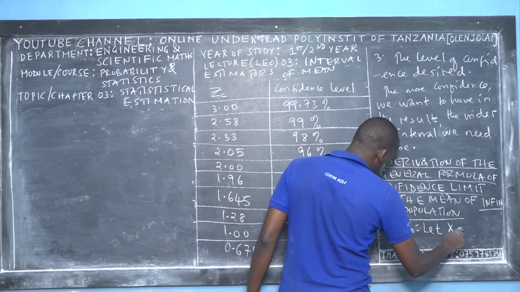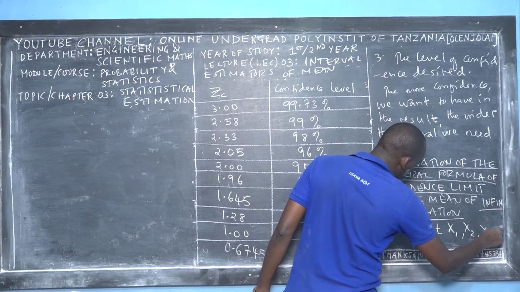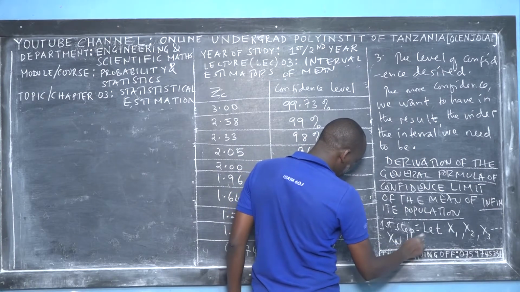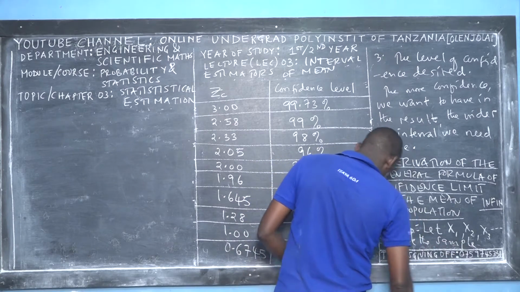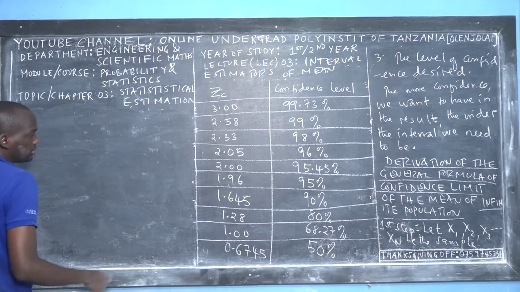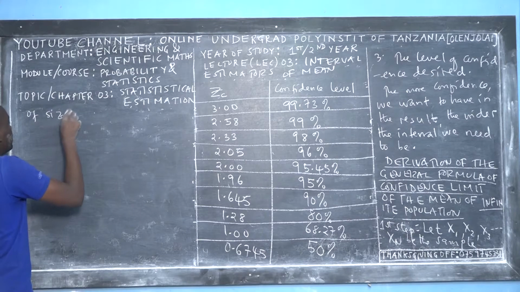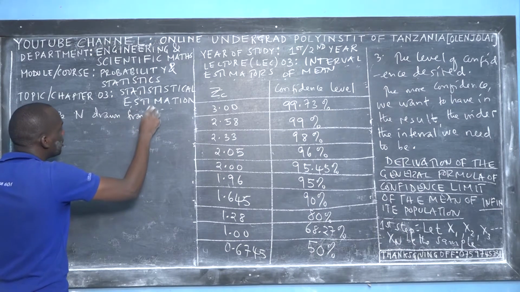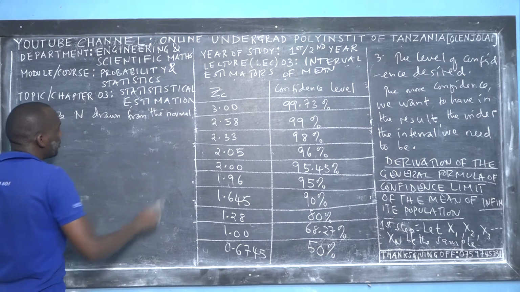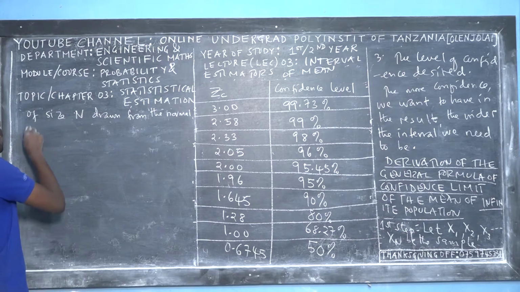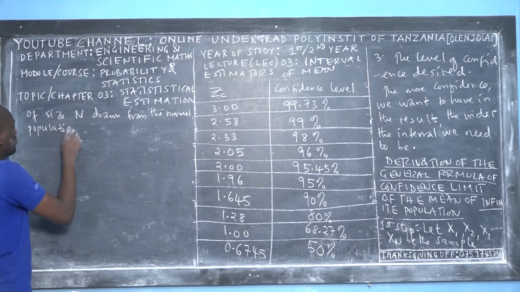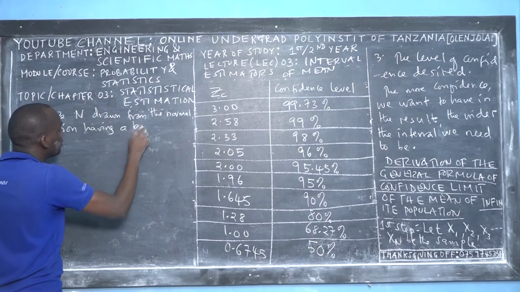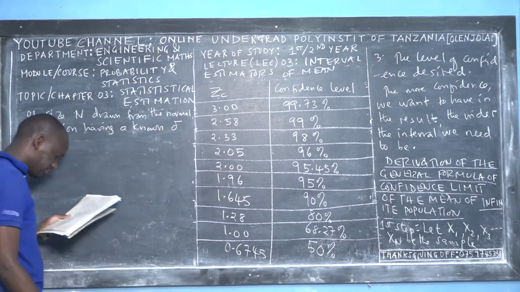Let x1, x2, x3, and so on up to xn be a sample of size n drawn from a normal population having a known variance or known standard deviation.